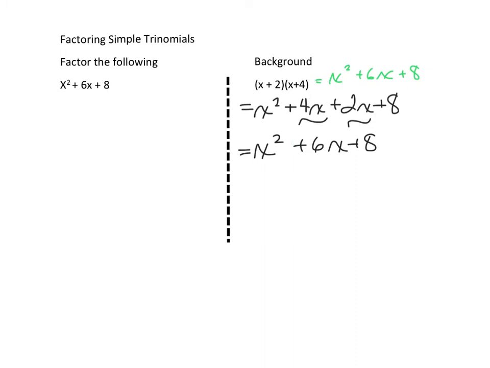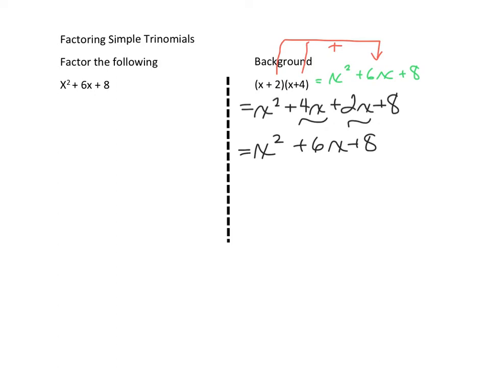So if we take a look, we're going to try and look for some patterns now. The first one we hopefully see is we had a 2 and a 4 in the original question. And when I expanded it, I ended up with a 6 and an 8. If we're trying to figure out how those numbers relate, we can see that the 2 and the 4 add to give me the 6.